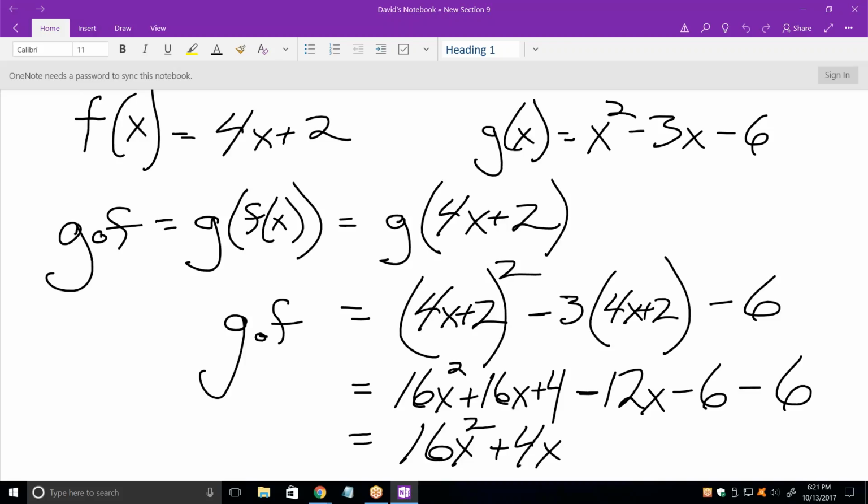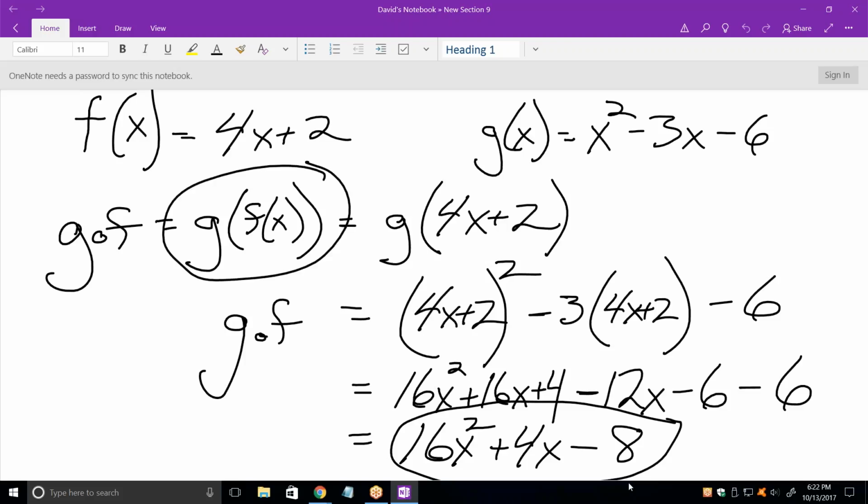Is that negative 12 plus 4? So then we have negative 8. And there's your answer. That's what g of f is. In other words, GOF is always that, and FOG is always f of g of x.